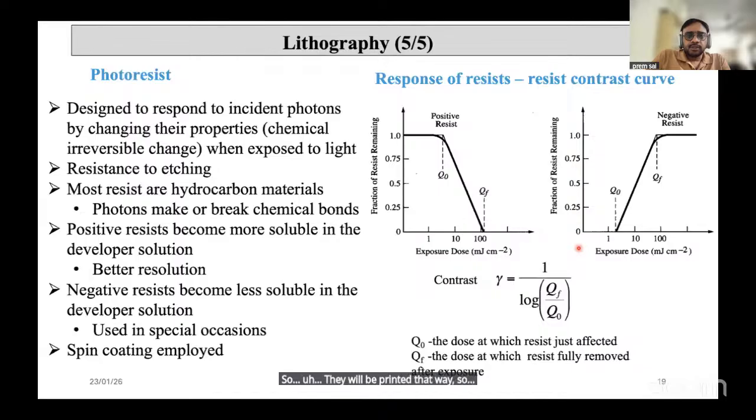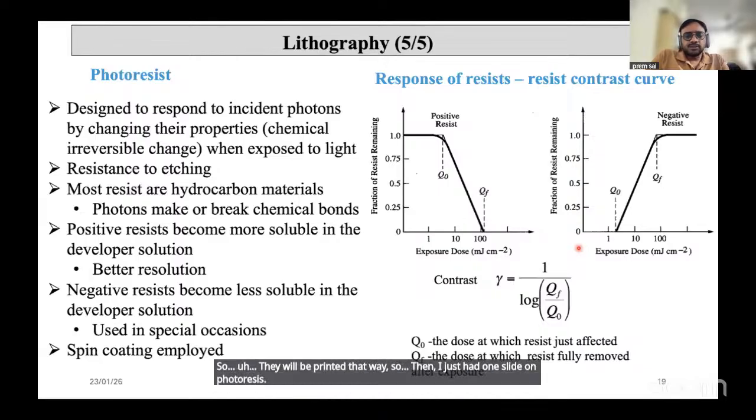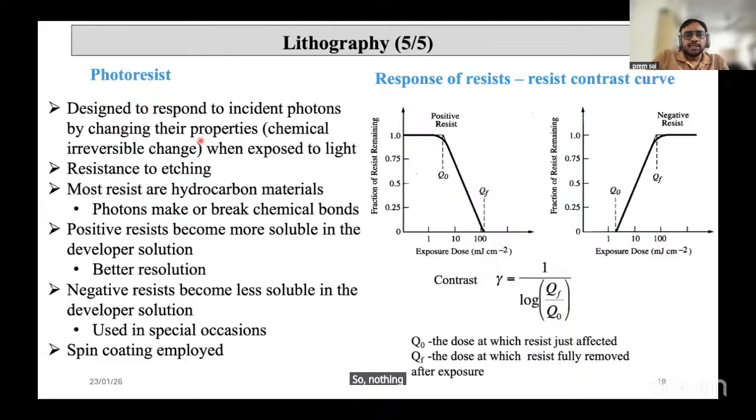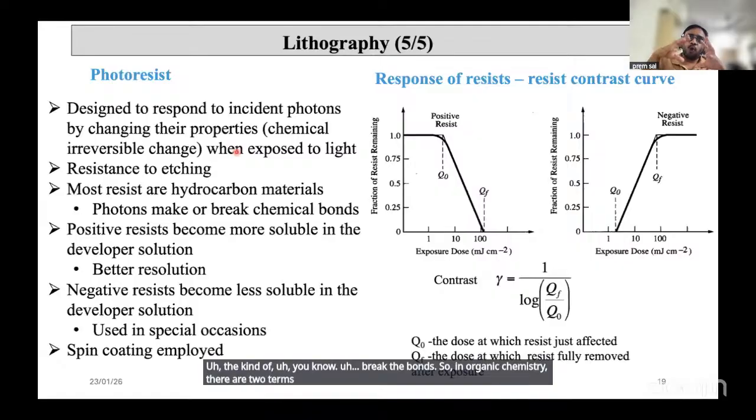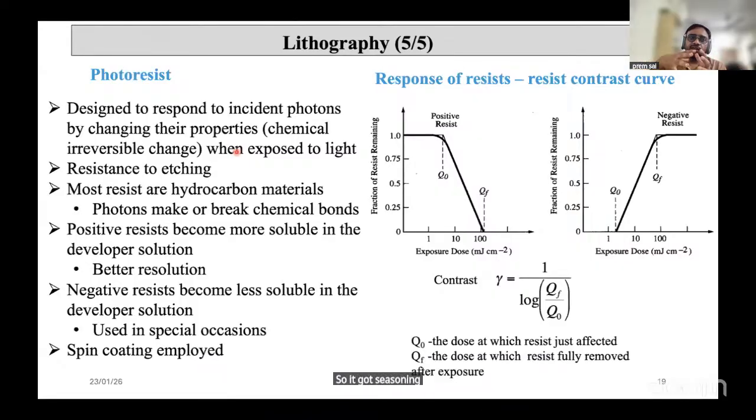Then I just had one slide on photoresist. Basically photoresist, as I said, wherever the light is exposed, based on the chemistry, they break the bonds. In organic chemistry, there are two terms: one is bond scission, which cuts, and one is cross-linking.